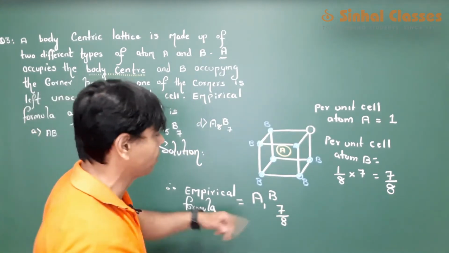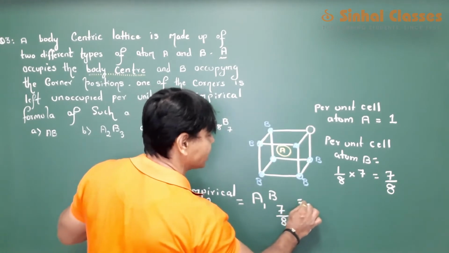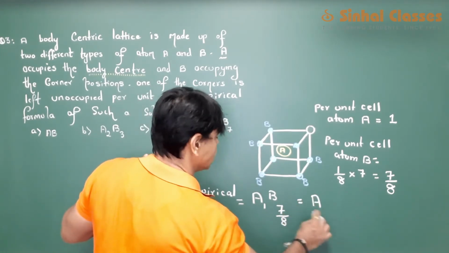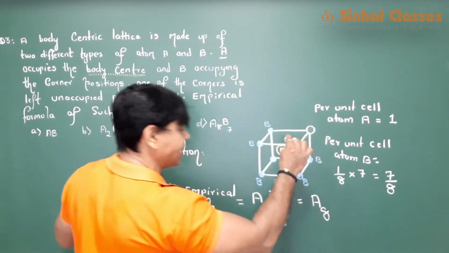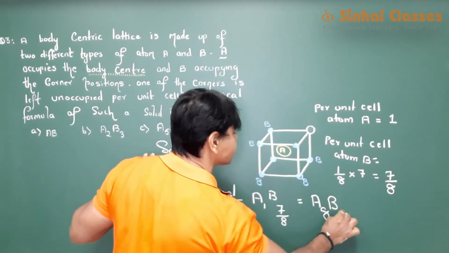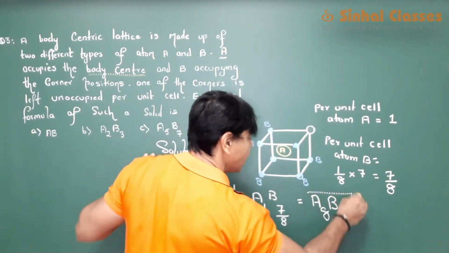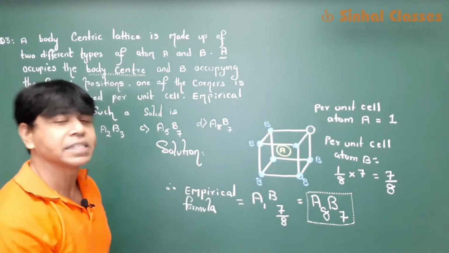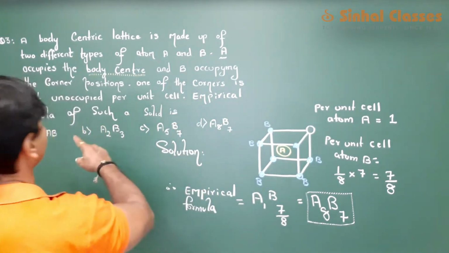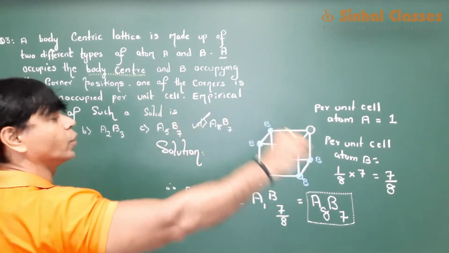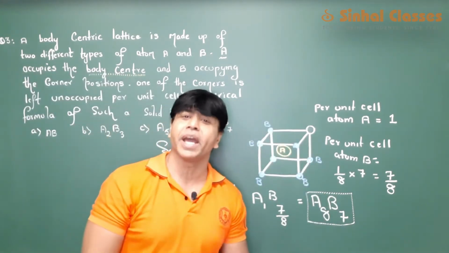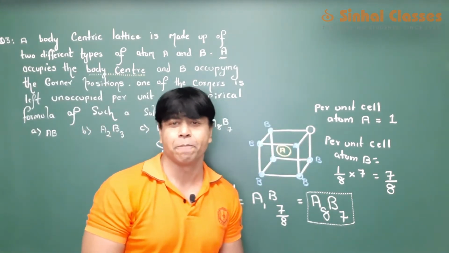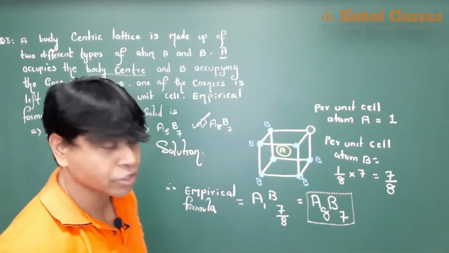Now both of them you multiply by 8, so it will become A8B7. So your final answer is A8B7. So your answer will be D, which is the most appropriate answer. Okay? So let's go for the next question now.